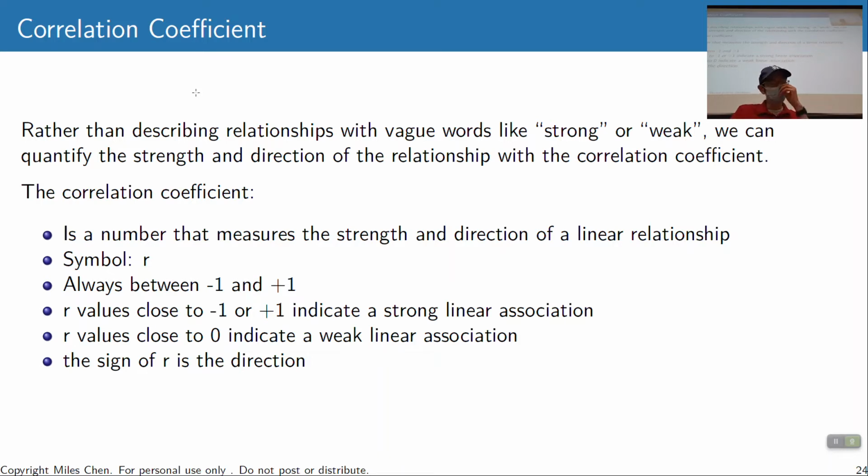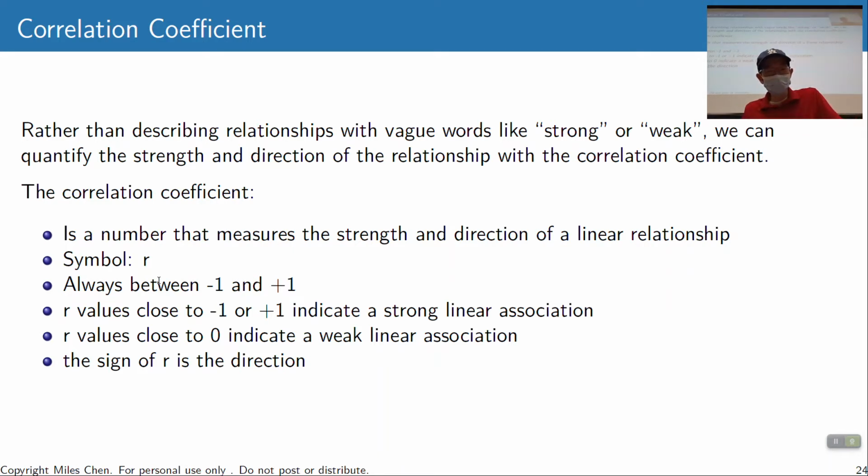And we can put a number to quantify what we mean by a little, what we mean by a lot. The correlation coefficient, correlation, is similar. It is just a number that lets us quantify the relationship. Rather than just saying the relationship is strong and the relationship is weak, we can give it an actual number. So the correlation is a number between -1 and +1. The symbol we use for it is the letter R, R like relationship.